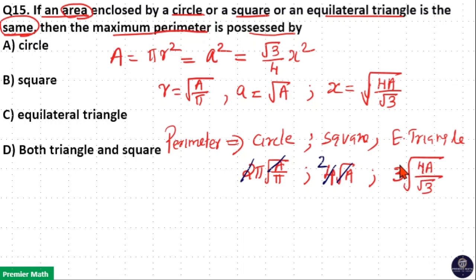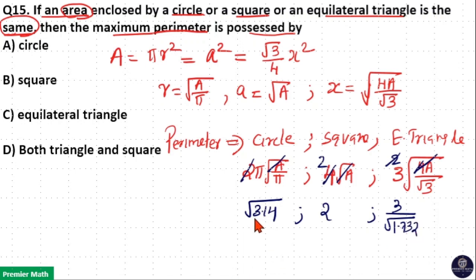Here if I take 4 outside, this will become 2, so 2 and root A cancel. Now the remaining is pi by root pi. Pi by root pi means root pi. So root pi is root 3.14, and this will become 2, and this will become 3 by root of root 3. Root 3 is 1.732.